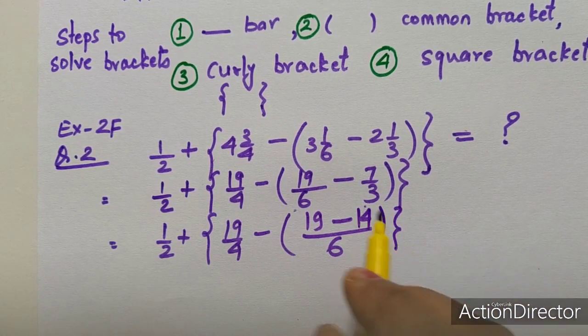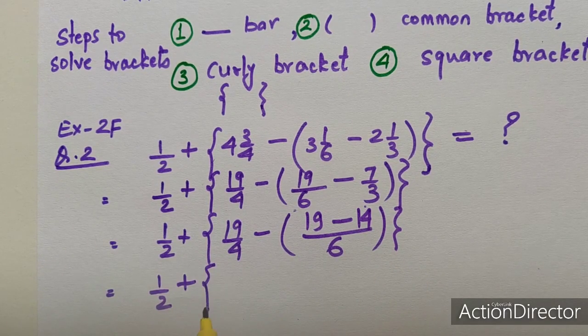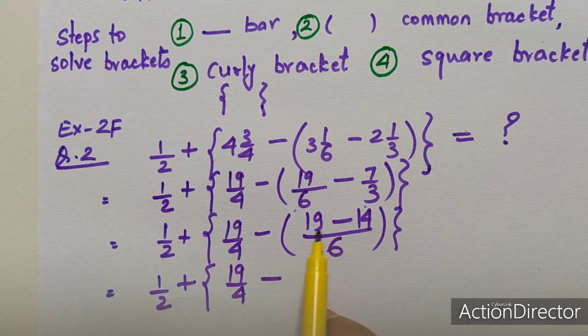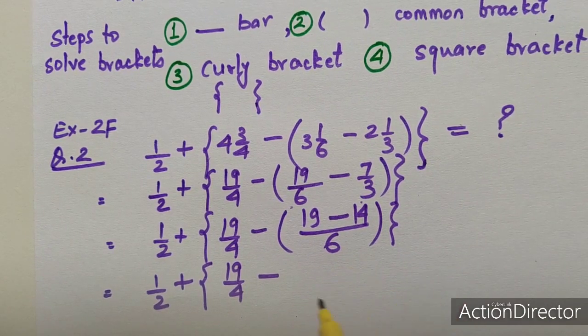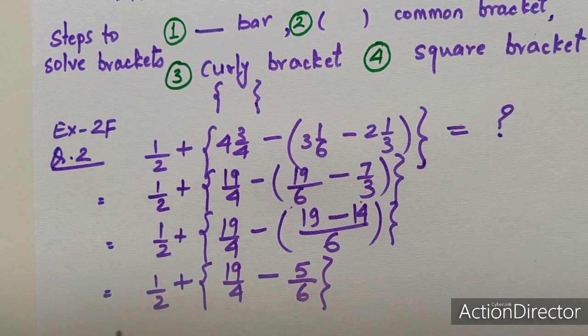Now common bracket and then curly bracket you have to use. Similarly 1 by 2 as it is plus curly bracket as it is, 19 by 4 minus, simplify these two, and when you subtract you will get some number. At that time don't use the common bracket because you have already shown that it is simplified. Now 19 minus 14 is 5 by 6. Only the curly bracket you have to use.